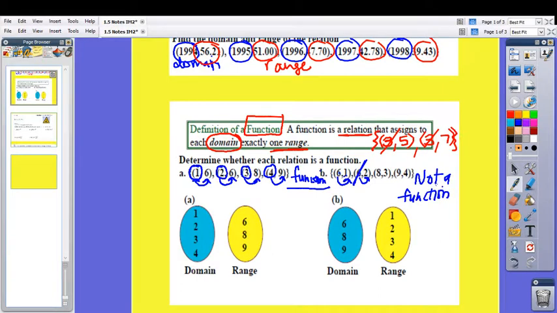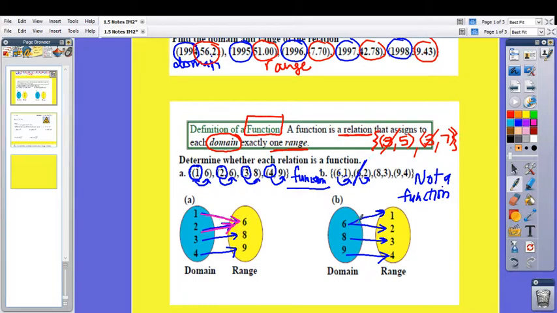Okay, this one is actually missing the arrows. So if these are related like this and this one is related like this, then let's find out which one is a function and which one is not. So this one is related to 6, okay, and then 2 is also related to 6, which is totally fine.